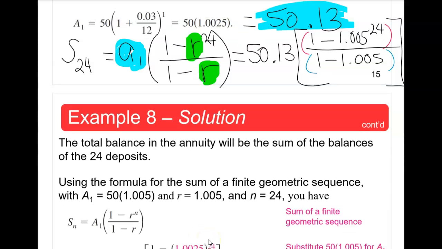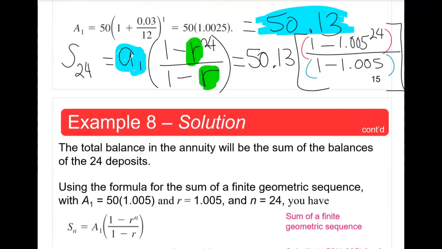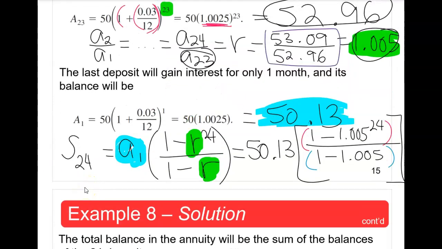And I believe there's a mistake here because here they're calling it 1.005. So I'm actually gonna pause the video so I can check this. Okay, so I found the mistake. So this is not correct. I actually did the division with my calculator, and it is not 1.005.